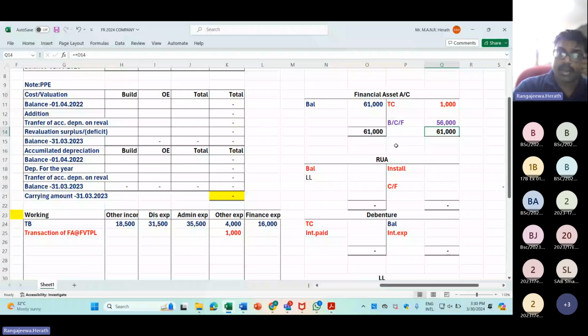That means there is a loss charged to P&L. 3,000 loss, 4,000 loss. Make it 61,000. So we can have loss on change in financial asset.